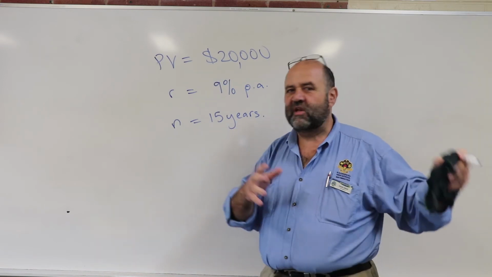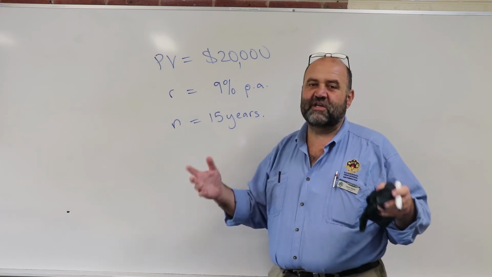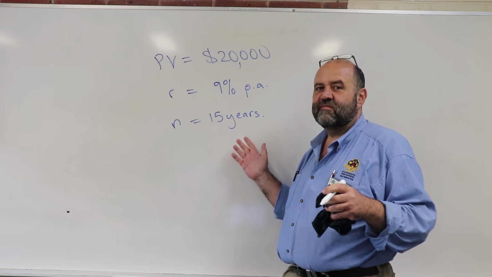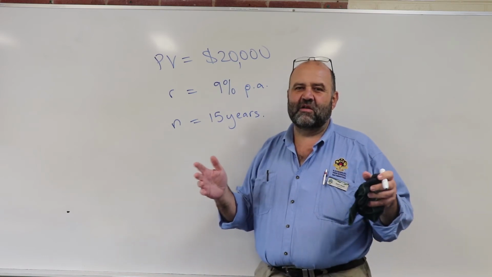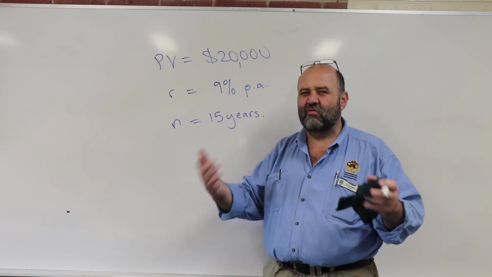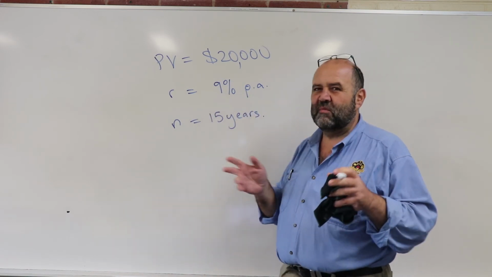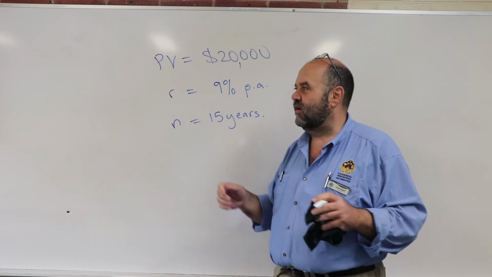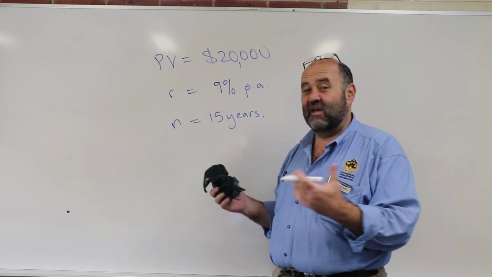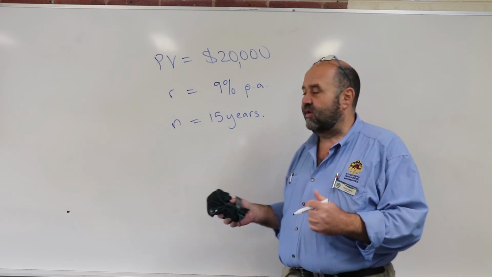But as a general rule for inflation or appreciation questions, they're going to talk in rates per annum and a number of years, because it's not like in a month it's going to go up by a fixed amount of money. So you're not going to have to do that fiddling around changing percent per annum into percent per quarter or per month, or changing 15 years into months or quarters. We're just going to leave it like that, because most of the appreciation questions we're going to get are going to be like this anyway.